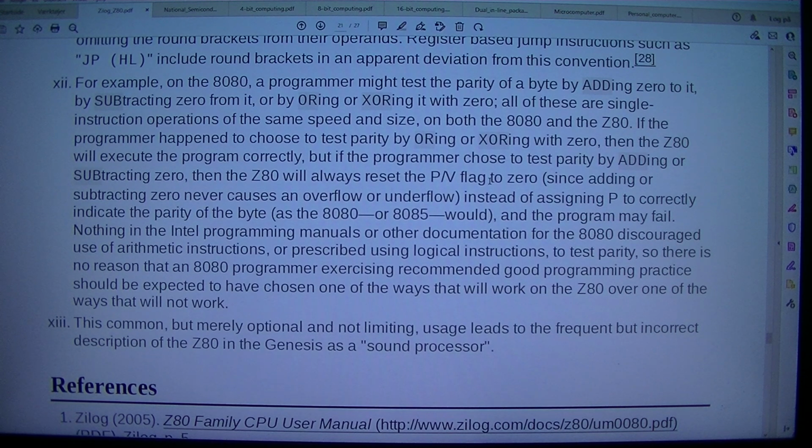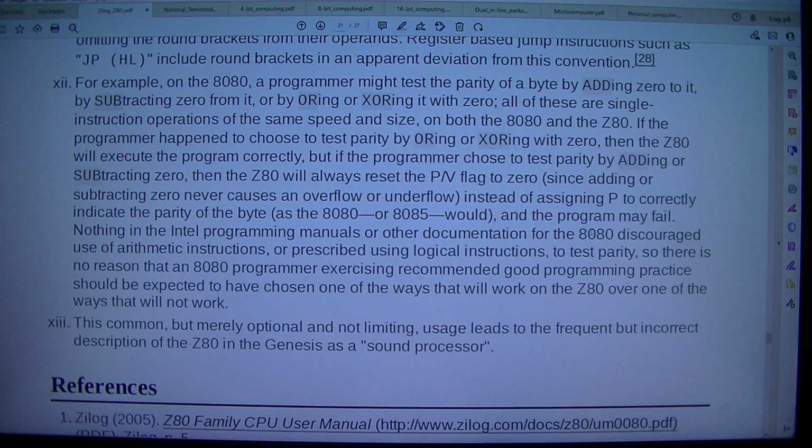But if the programmer chose to test parity by adding or subtracting 0, then the Z80 will always reset the P/V flag to 0, since adding or subtracting 0 never causes an overflow or underflow, instead of assigning P to correctly indicate the parity of the byte, as the 8080 or 8085 would, and the program may fail.